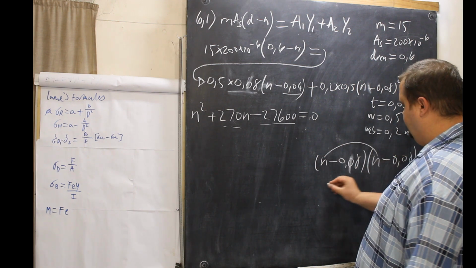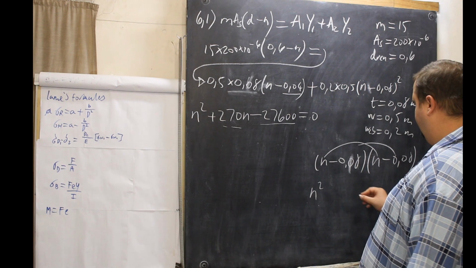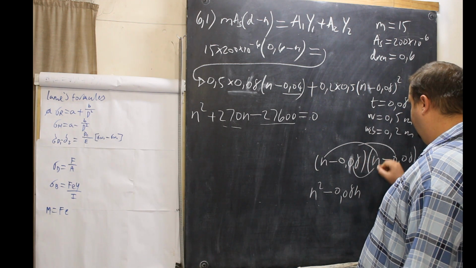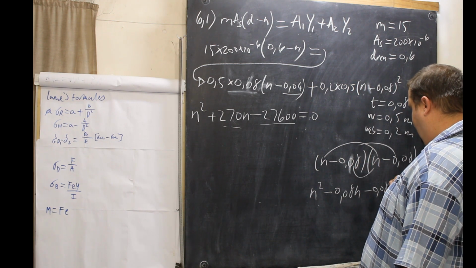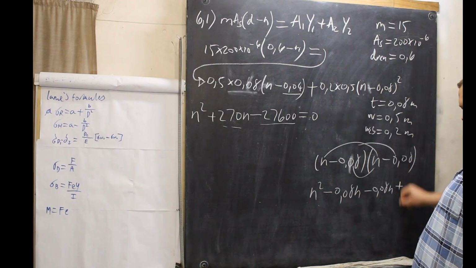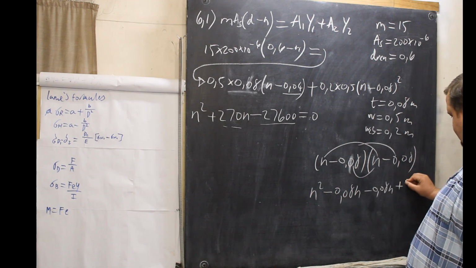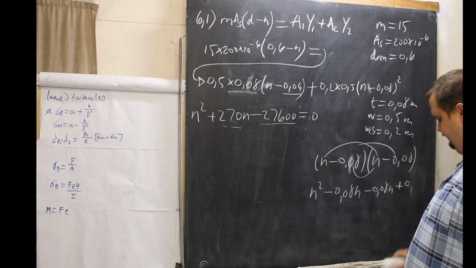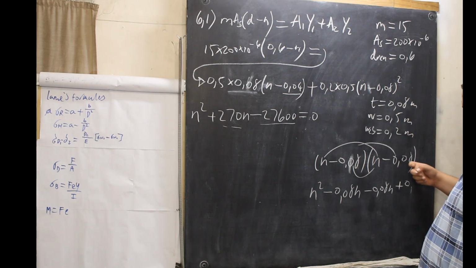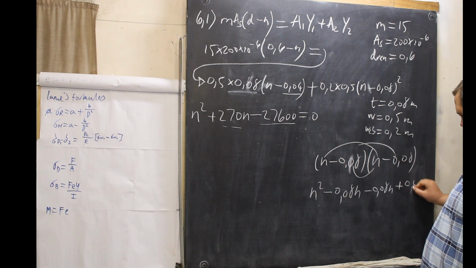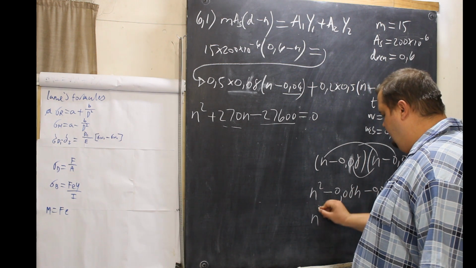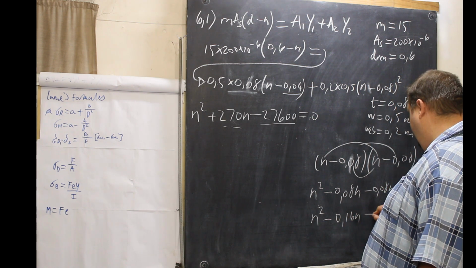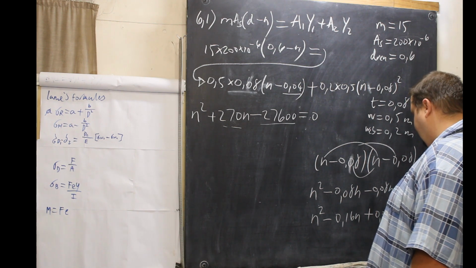So n times n is n squared, minus 0,08n, minus 0,08n, plus 0,0064. So that is n squared minus 0,16n plus 0,0064.